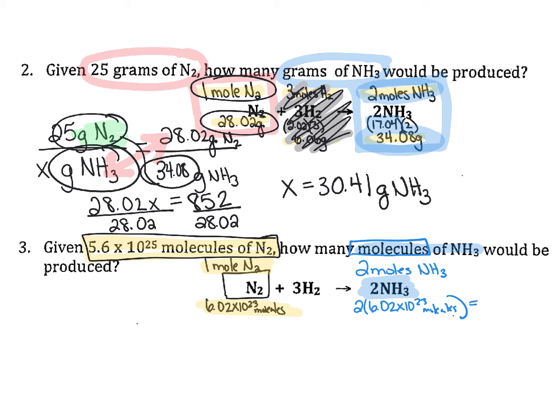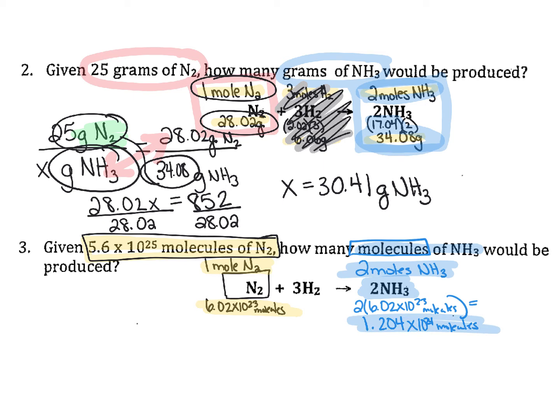So if I do 2 times 6.02, then according to this equation, I'm going to need 1.204 times 10 to the 24th molecules, because that's what 2 times 6.02 times 10 to the 23rd is. So 2 moles, or 1.204 times 10 to the 24th molecules.